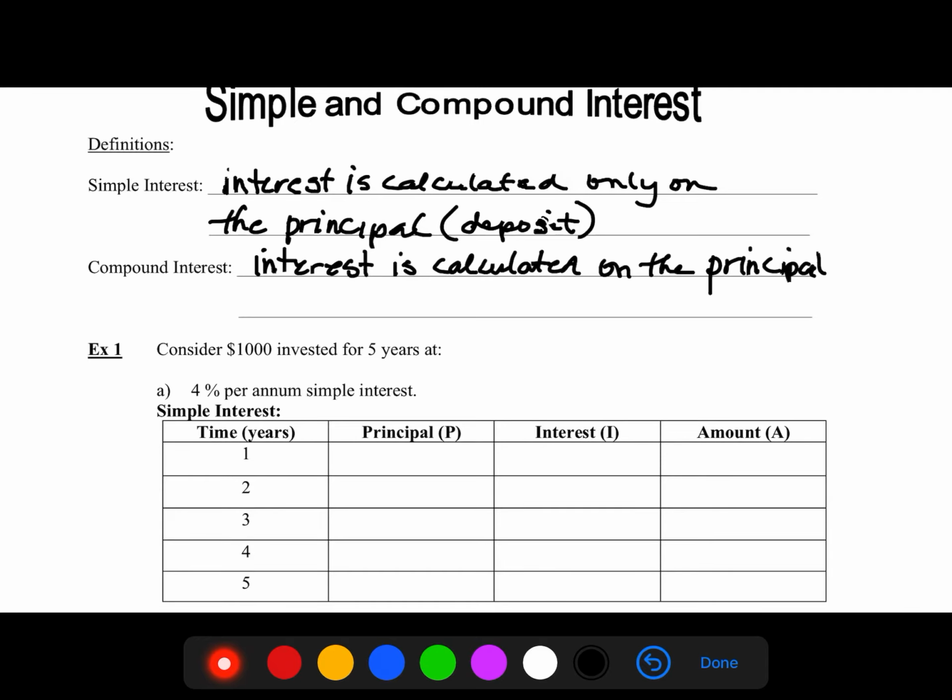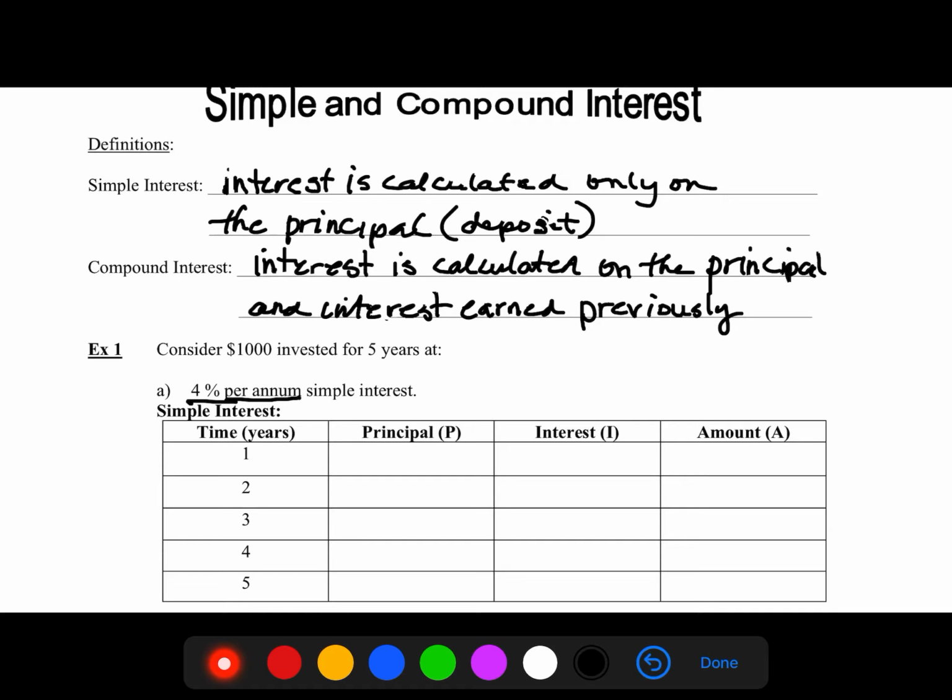So interest is calculated on the principal and interest previously earned. Okay, and we're going to take a look at how it changes what we have in our investment.